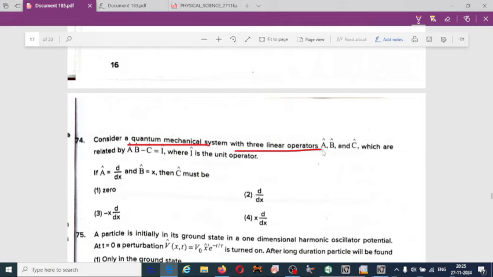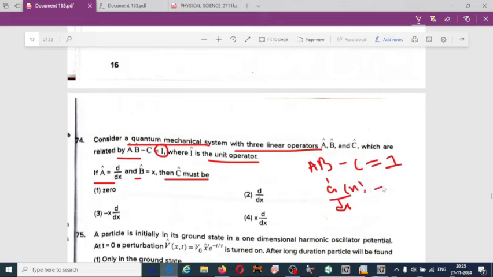Consider a quantum mechanical system with 3 linear operators which are related by this equation, where I is the unit operator. They have given the values of A, B, C, which we should calculate, that is equal to the commutator of A, B minus C equal to I. Actually, if we substitute the value of C equal to 0, then d by dx of x minus 0 equal to 1.